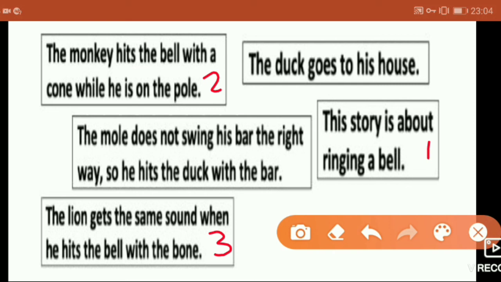Number 4, the mole does not swing his bar the right way, so he hits the duck with the bar. And our last sentence will be the duck goes to his house. Okay, so number 1 is our main idea. Number 2, 3, 4, 5 are our details.